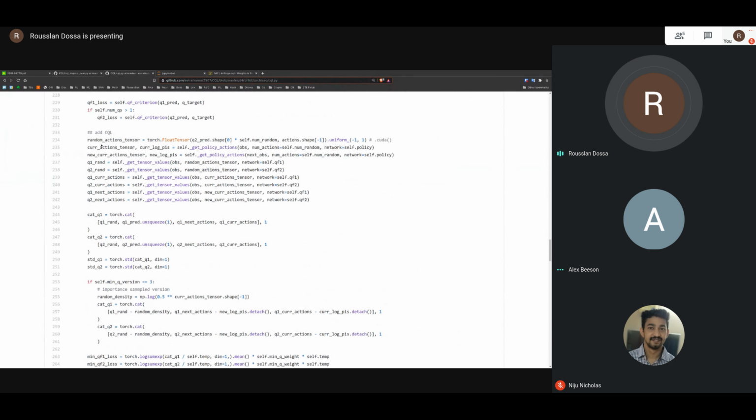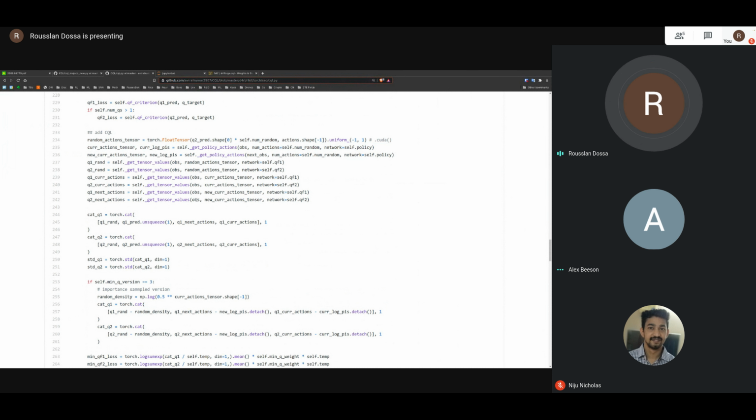Nice. Well, since you brought up their code, I believe you're referencing this part. Yes. First they sample from the uniform, and then they add some additional Q values for the actions sampled from the current policy.